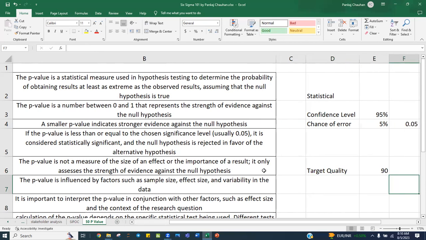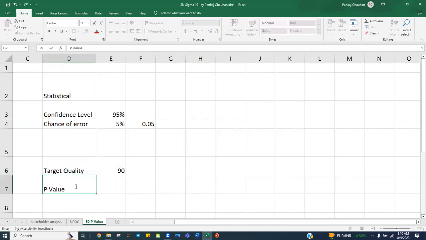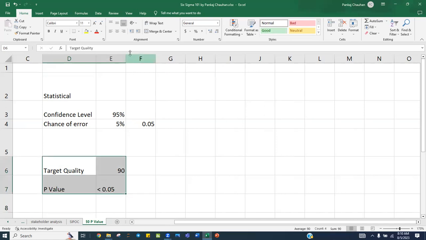When you validate this 90 against the observed sample data you have collected, and your p-value is less than 0.05, then we say there is a difference between the target and the actual observation.